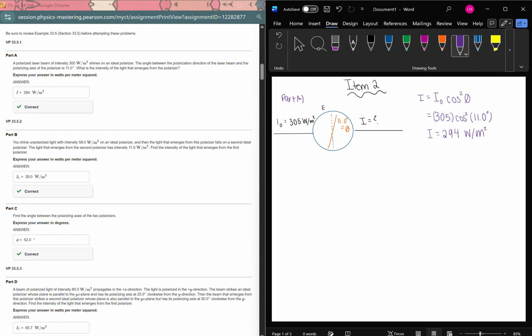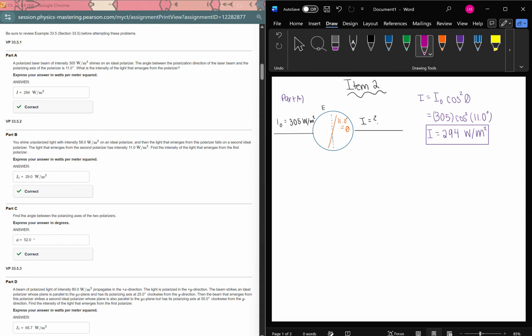Because the light is at an angle of 11 degrees, not all of the light passes through. So Malus's law describes this reduction in intensity using the cosine squared of the angle. Okay, so that would be the answer for part A.